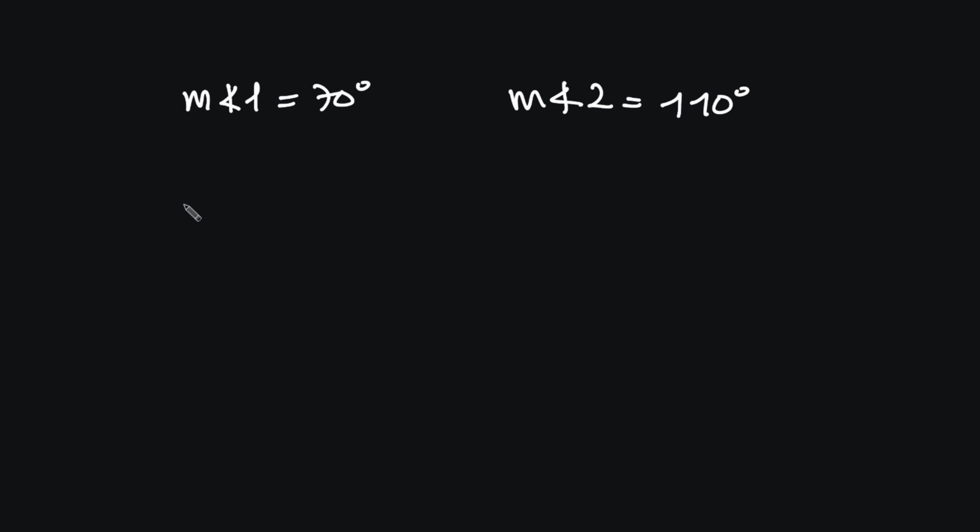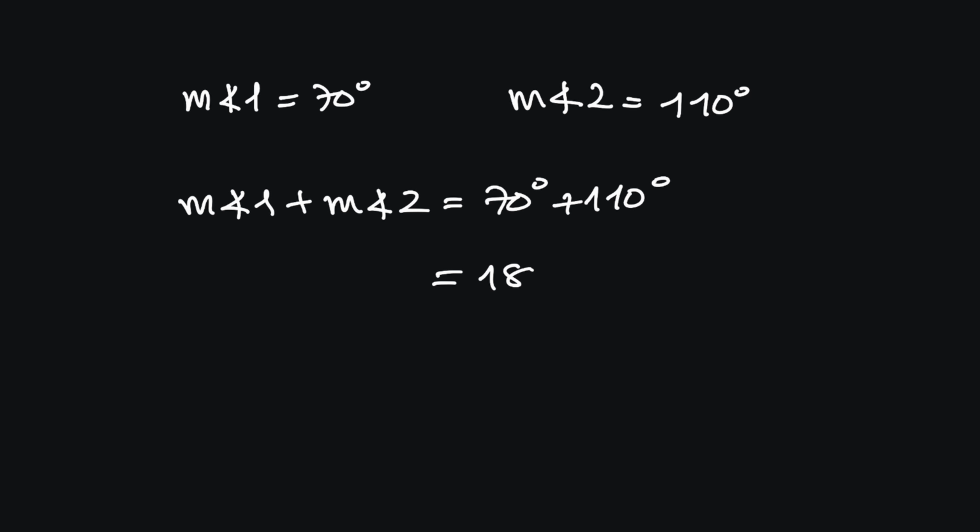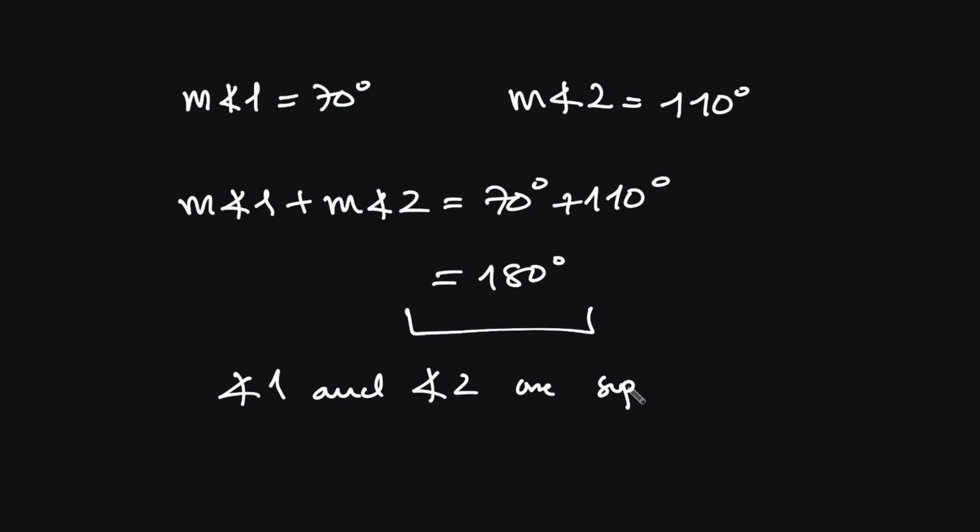If we add them, the measurement of angle 1 plus the measurement of angle 2 is equal to 70 degrees plus 110 degrees, and that gives us 180 degrees. So if we add two angles and the measurement is 180, then we say that angle 1 and 2 are supplementary.